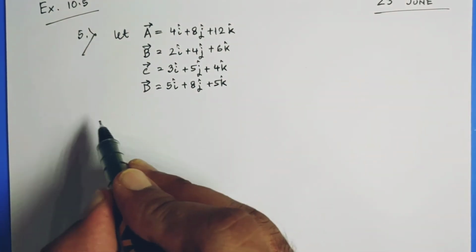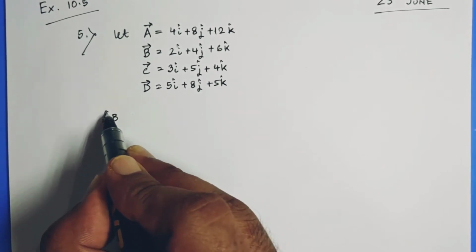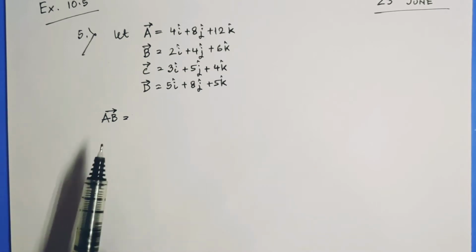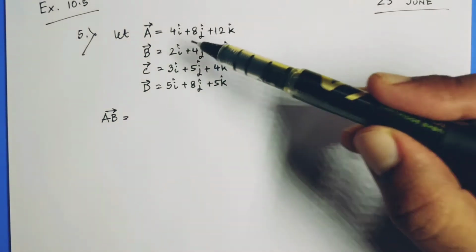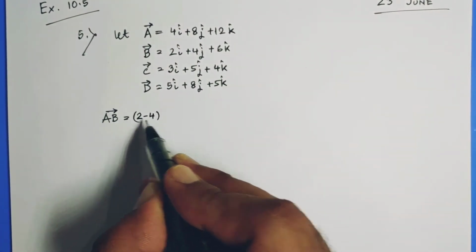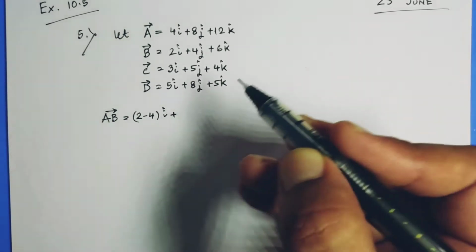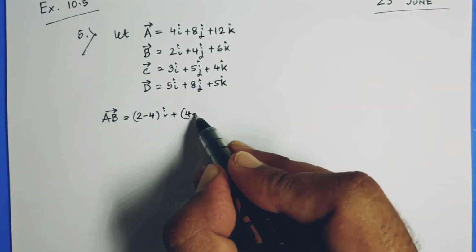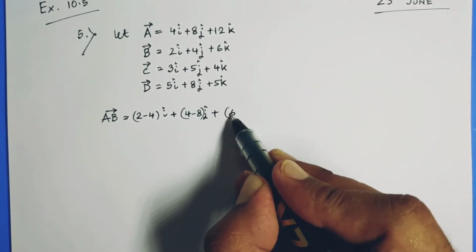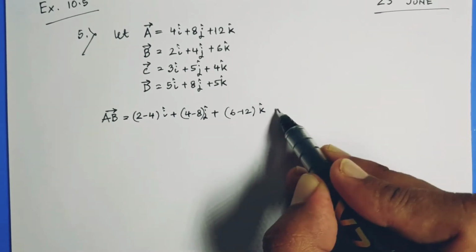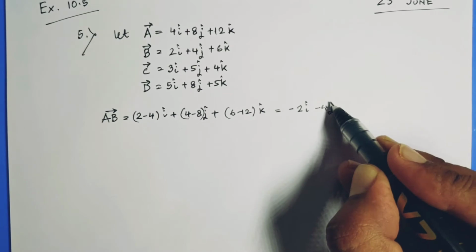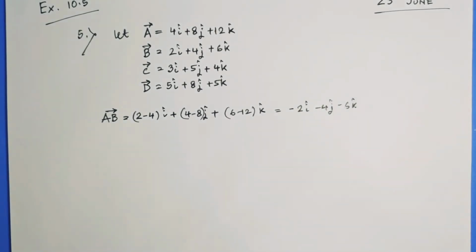So now we have these position vectors of 4 points. Can you tell me what AB vector will be equal to? A vector joining 2 points is the components of B minus components of A. So we have 2 minus 4 i cap plus 4 minus 8 j cap plus 6 minus 12 k cap, and that is equal to minus 2i cap minus 4j cap minus 6k cap, right?